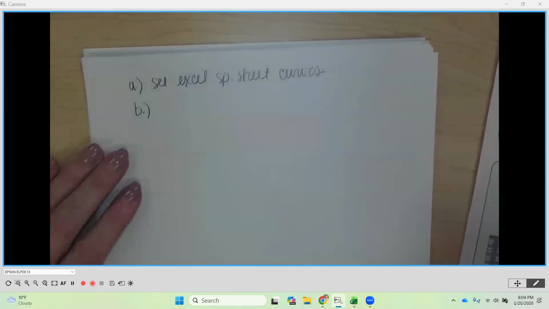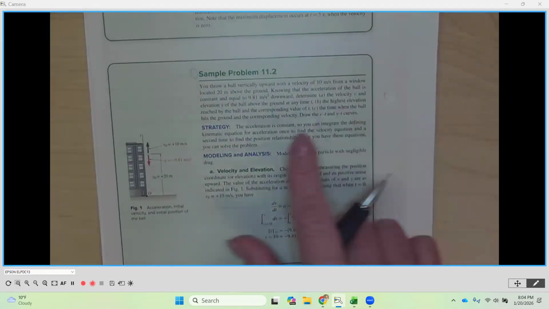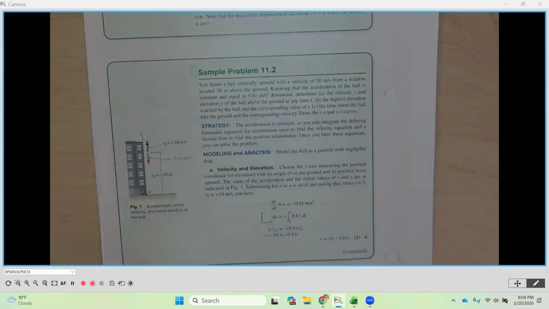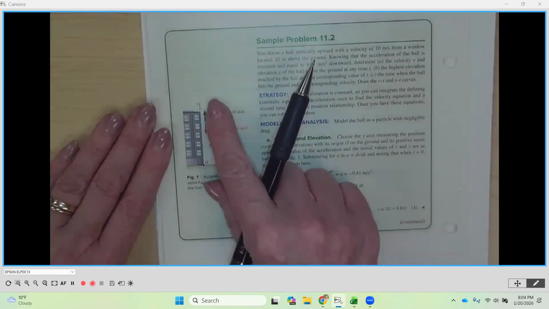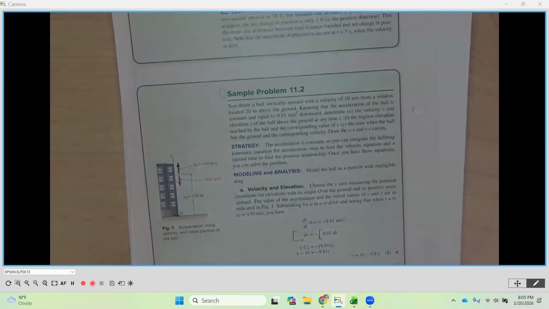Part B. It says, what is the highest elevation reached by the ball and the corresponding value of time? So what is the time when we are at its highest point? We throw it up at 10 meters per second. It's going to go up for a little bit.